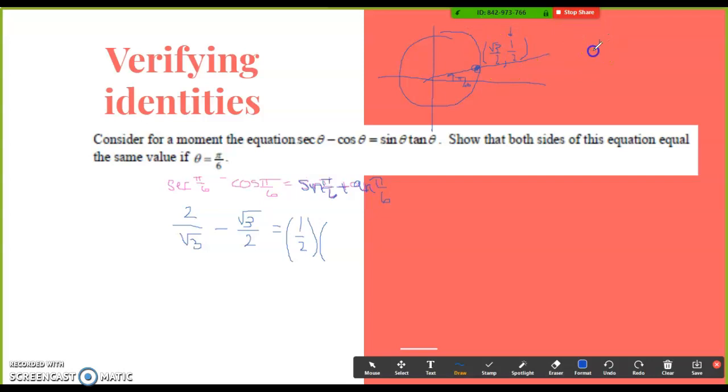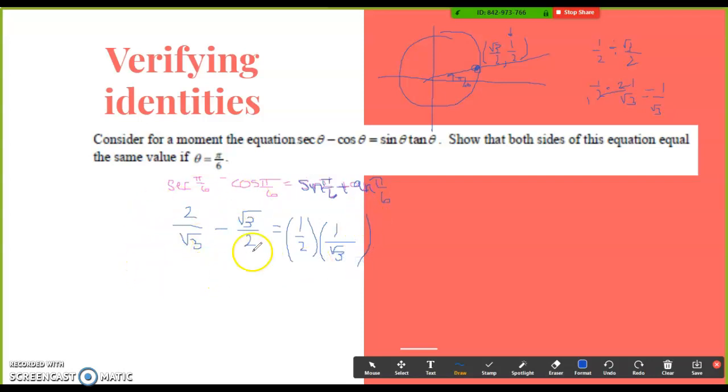So we're taking 1/2 and dividing it by radical 3 over 2, which is the same as 1/2 times 2 over radical 3. When those 2's cancel, the tangent is 1 over radical 3. So I've got 1 over radical 3 as the tangent that I'm substituting in.